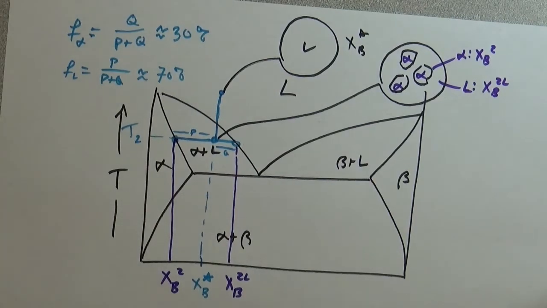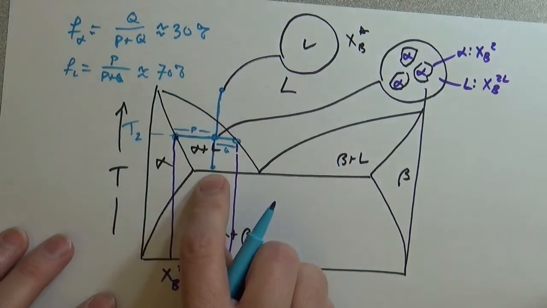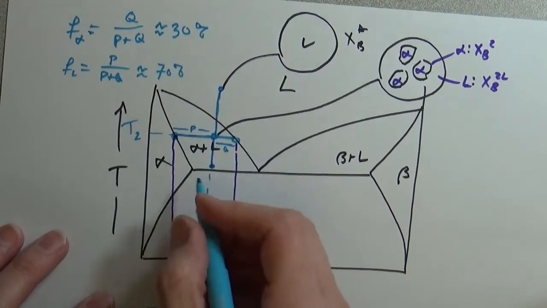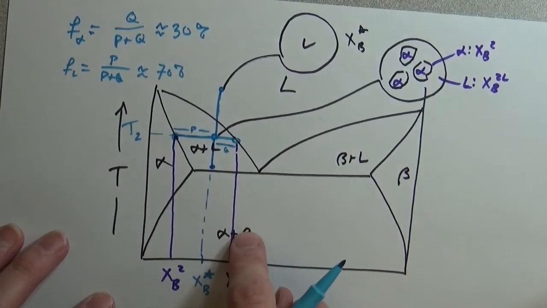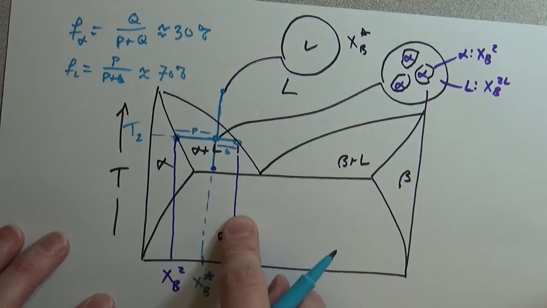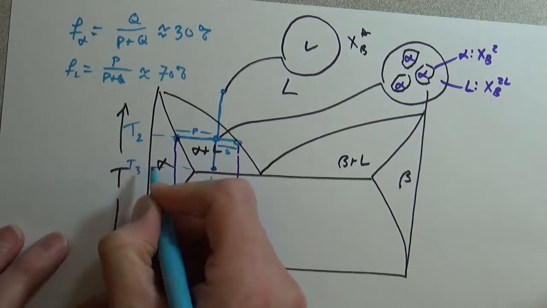Now let's keep cooling, and we're going to cool it down till it's just above that line. So it's just above the point where it transforms into the eutectic composition, or sorry, not eutectic composition, but the two-phase region. And we're going to call this T3.